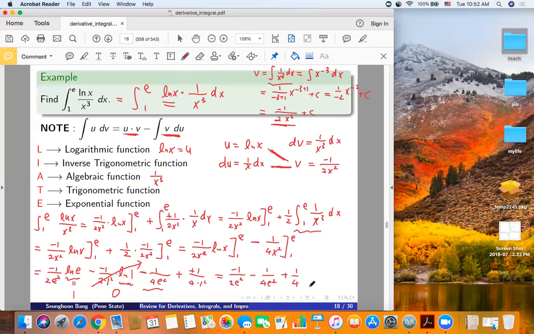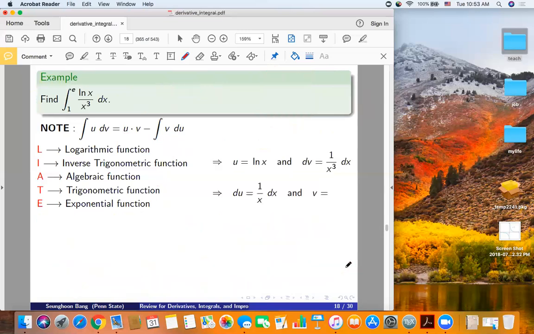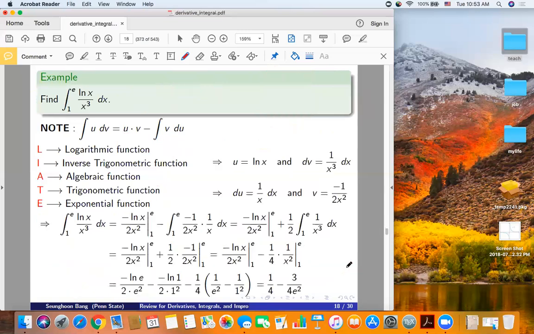You simplify; this is multiplied by 2. We have 4 and 2. The final answer is 1 over 4 minus 3 over 4e squared. So we have it. This is the whole idea for solving this problem.